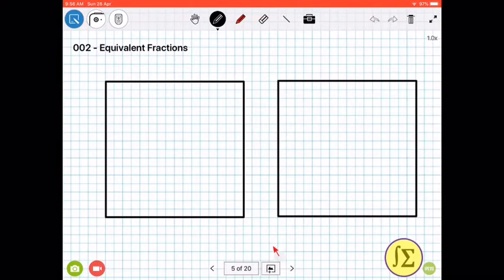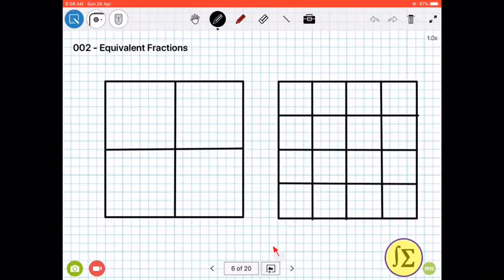All right. So let's take a closer look at equivalent fractions. Here we're going to show that 1 over 4 is equivalent to 4 over 16. So we're going to take two squares of the same size to demonstrate this.